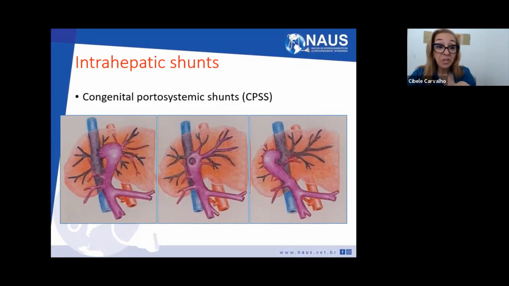Then it turns as a curved vessel like this, abruptly dorsally to enter the caudal vena cava via a dilated segment of the left hepatic vein. Often in these dogs, the right branch is abnormal. We could not visualize it, all right?